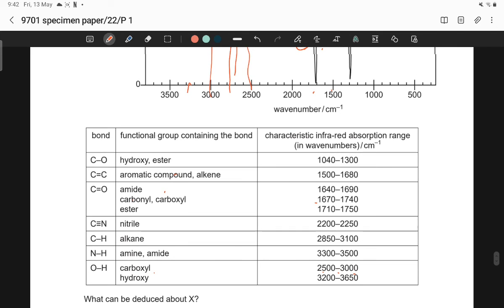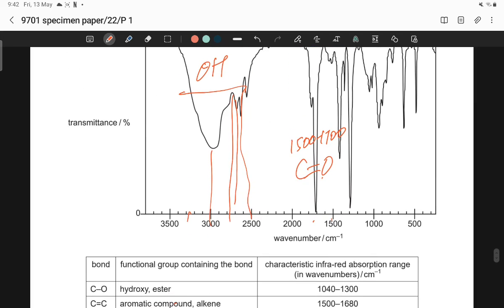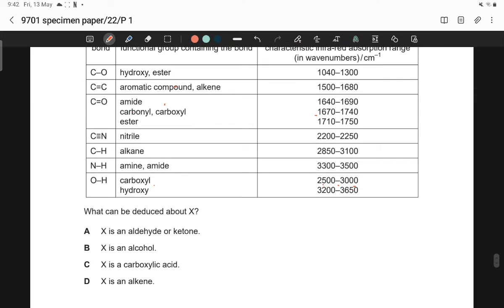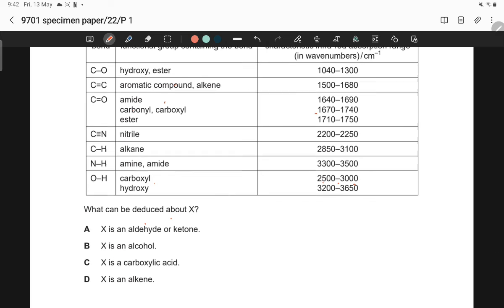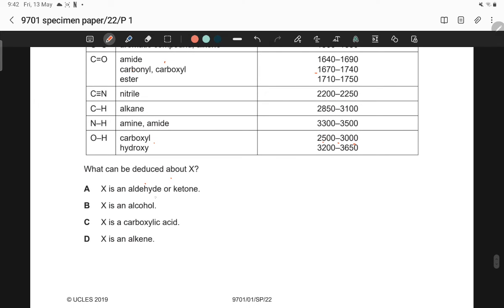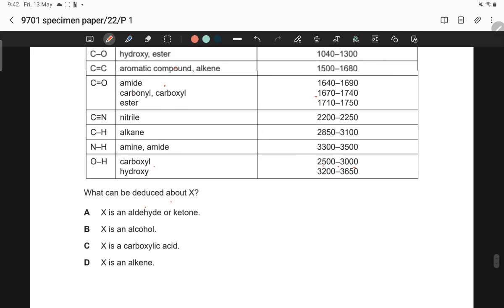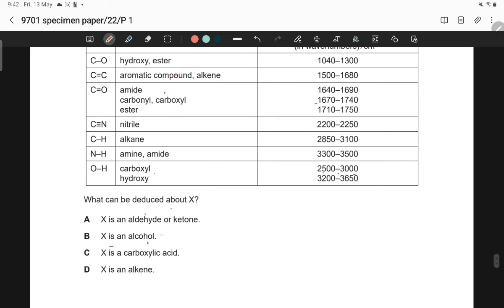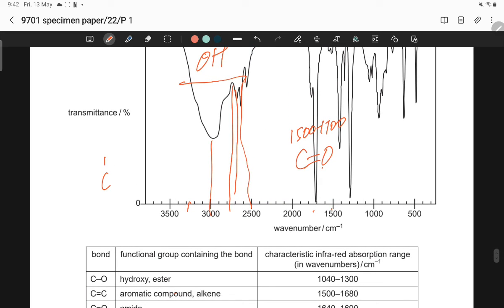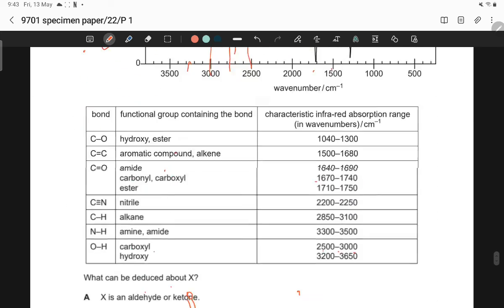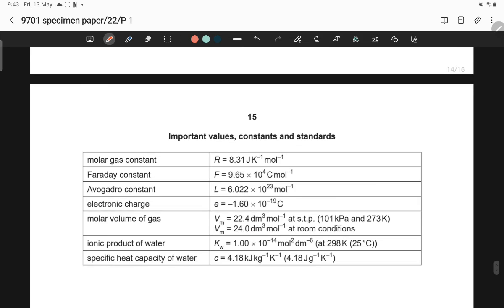This is carboxyl. So what can be deduced about X? X is an aldehyde and ketone? X is an alcohol? Not only alcohol, along with C double bond O. So X is a carboxylic acid. Only one group is present. So this could be C double bond OH. So C option is correct.